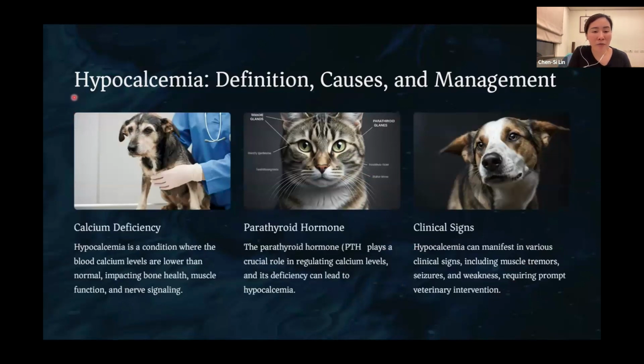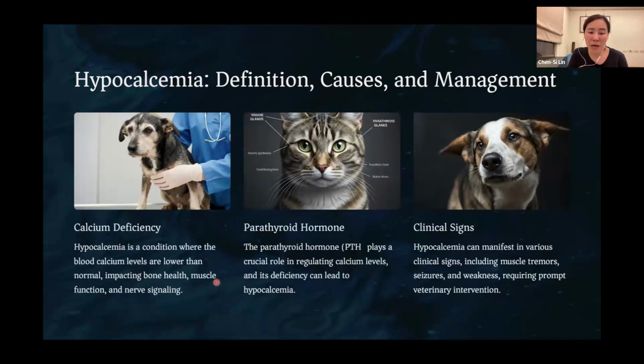If the case suffers from hypocalcemia, that means the calcium level within the blood is lower than the normal range, and we can find some specific conditions that it will result in. The clinical syndrome we already mentioned before: we can see muscle weakness, maybe tremor, and sometimes in severe cases, seizures.